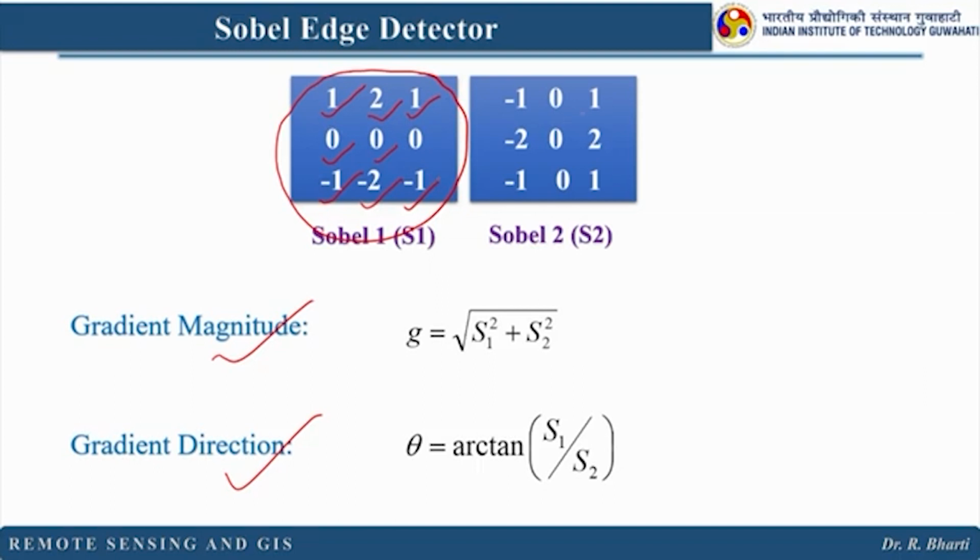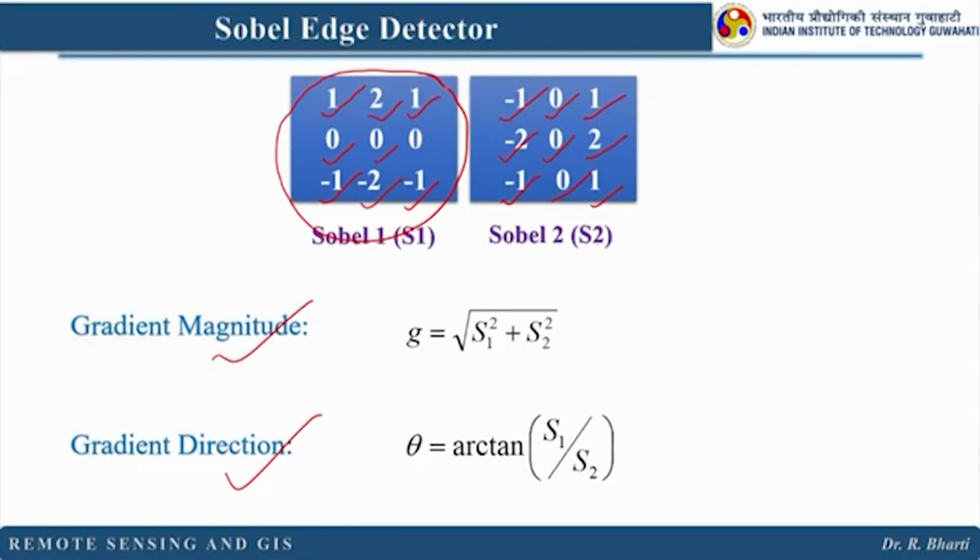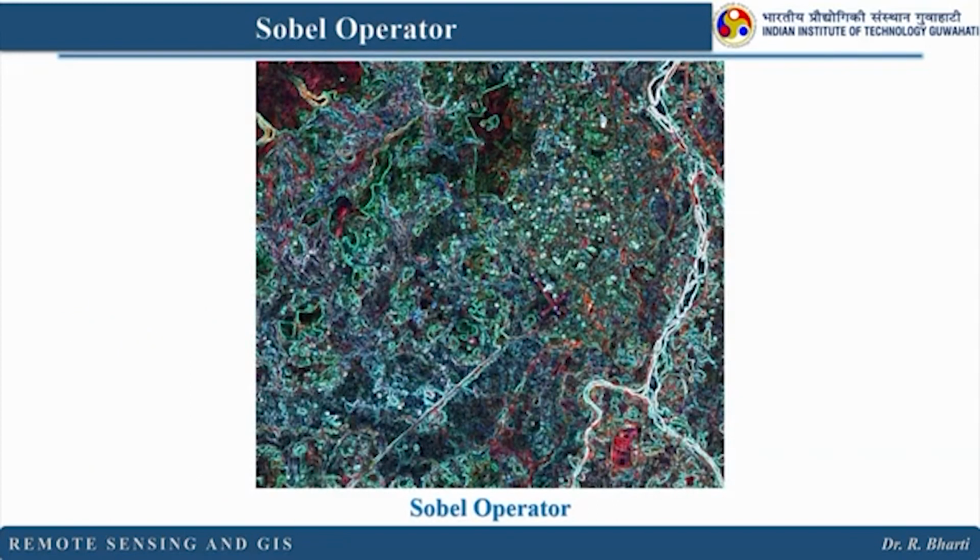And for the other Sobel kernel it is minus 1, 0, 1, minus 2, 0, 2, minus 1, 0, 1, right? If you have different numbers in this particular weightage, then you cannot call them Sobel edge detector, because this is the advantage when you are having this particular weightage, you will have more edges in the output, right?